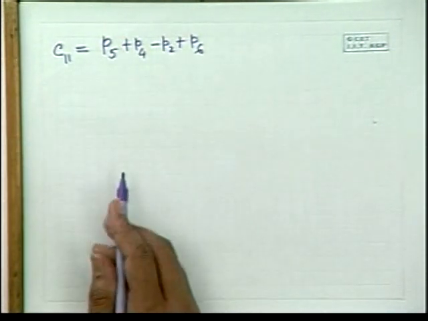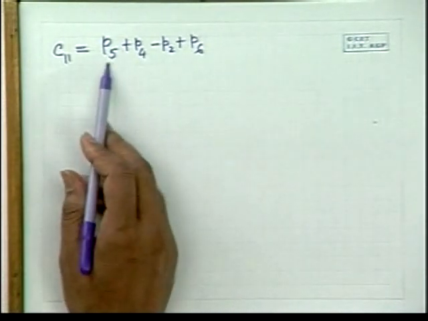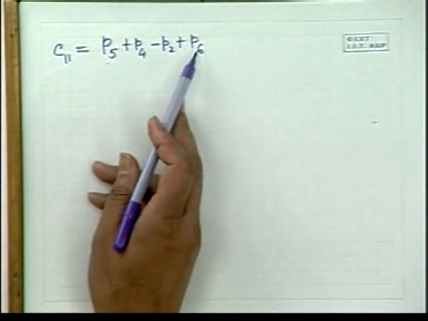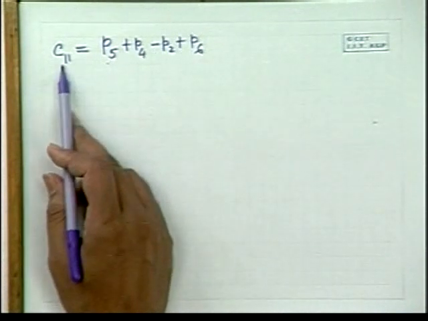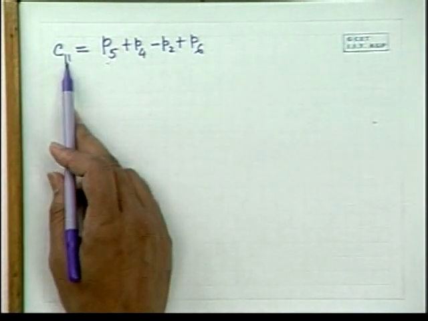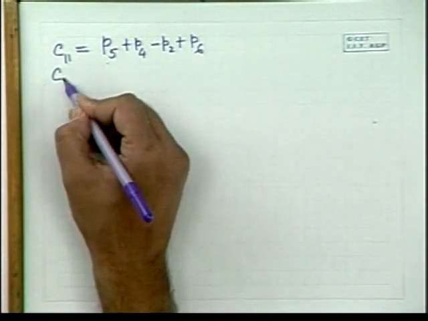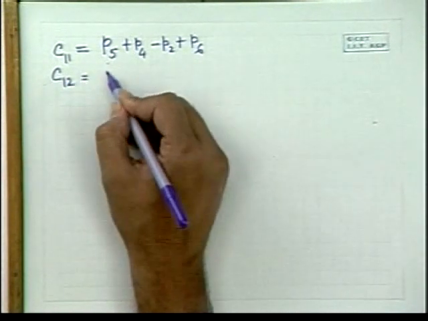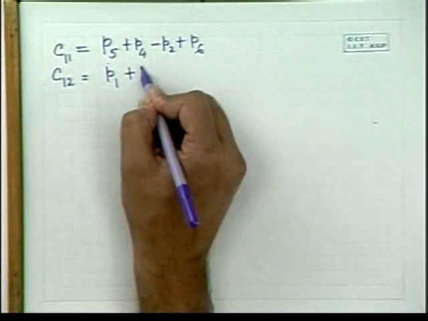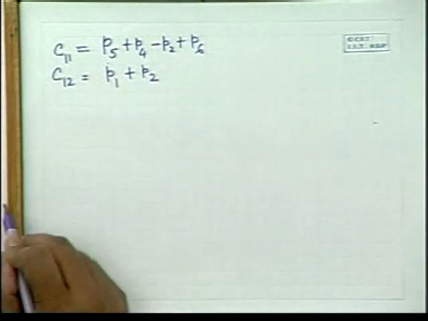You take P5, P4, P2, P6, whose values we know, and if you do this, you will get C11. You will get C12 if you do P1 plus P2.